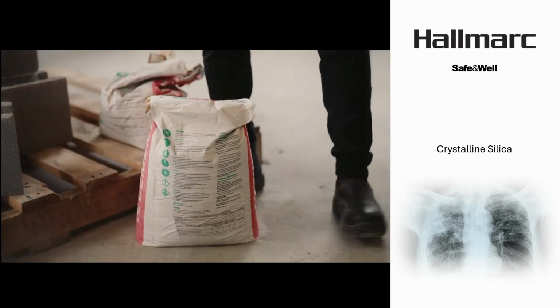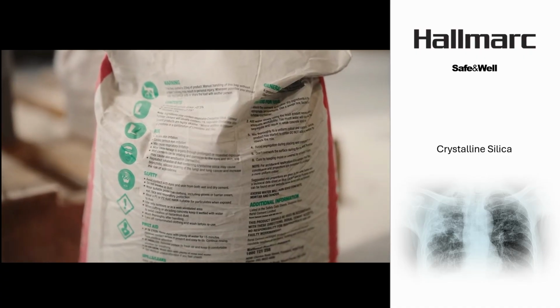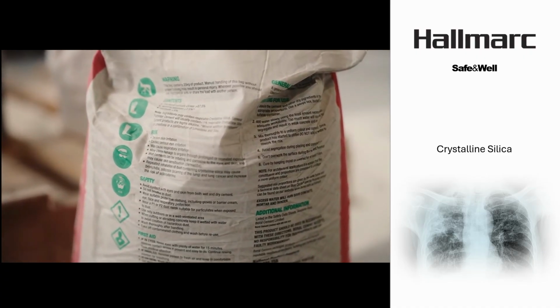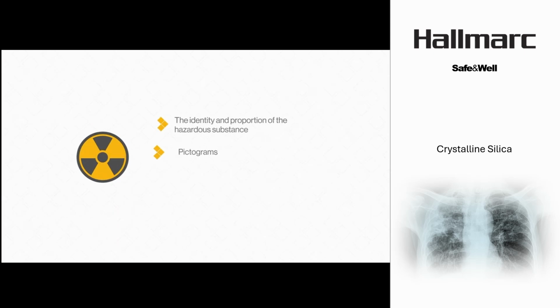The labels on containers of hazardous substances can also provide basic information which is readily accessible by those employees who use it. The basic information includes the identity and proportion of the hazardous substance, pictograms, hazard and precautionary statements, and signal words.